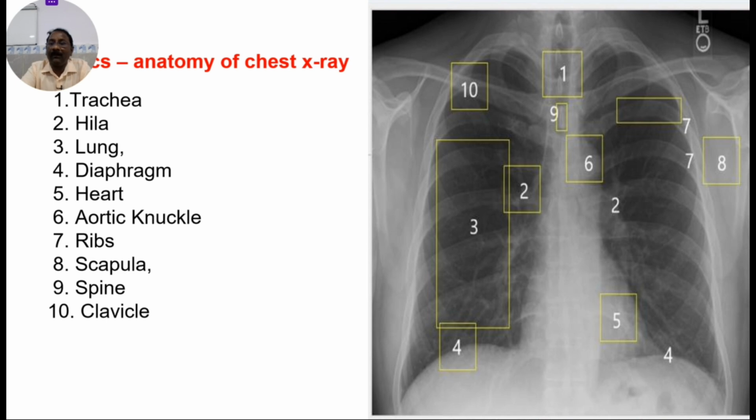Fifth one is the heart. So here you can see the right border, left atrial enlargement, left atrial appendage, right atrium, etc. And most of the time in our clinical medicine, we not only concentrate on the lungs, we also concentrate on the heart, for the simple reason that if any cardiomegaly is there, is it left ventricular cardiomegaly or right ventricular cardiomegaly?